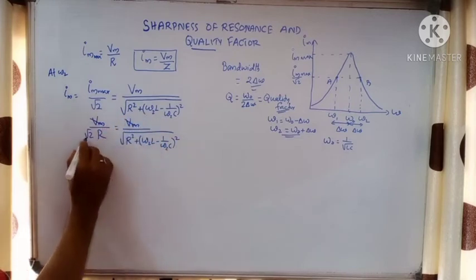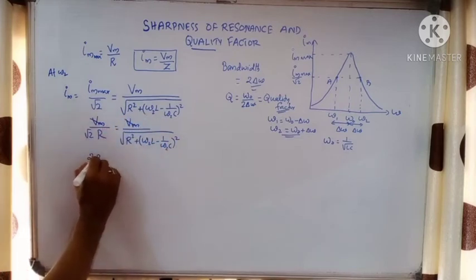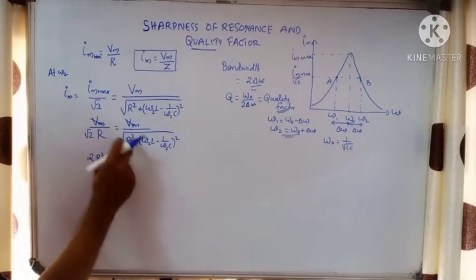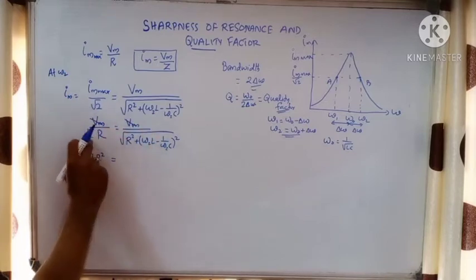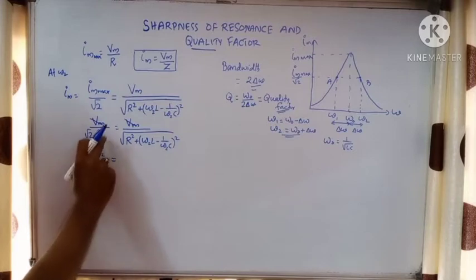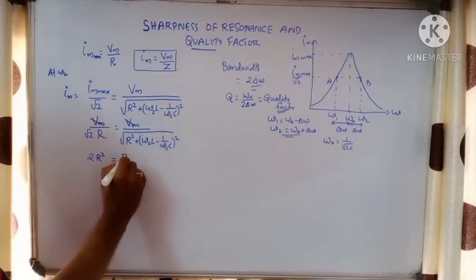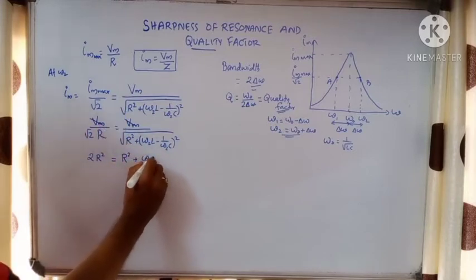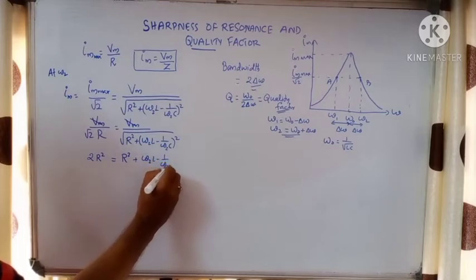Cross multiplying and squaring, root 2 square is 2, so 2R square is equal to R square plus omega 2 L minus 1 by omega 2 C, the whole square.